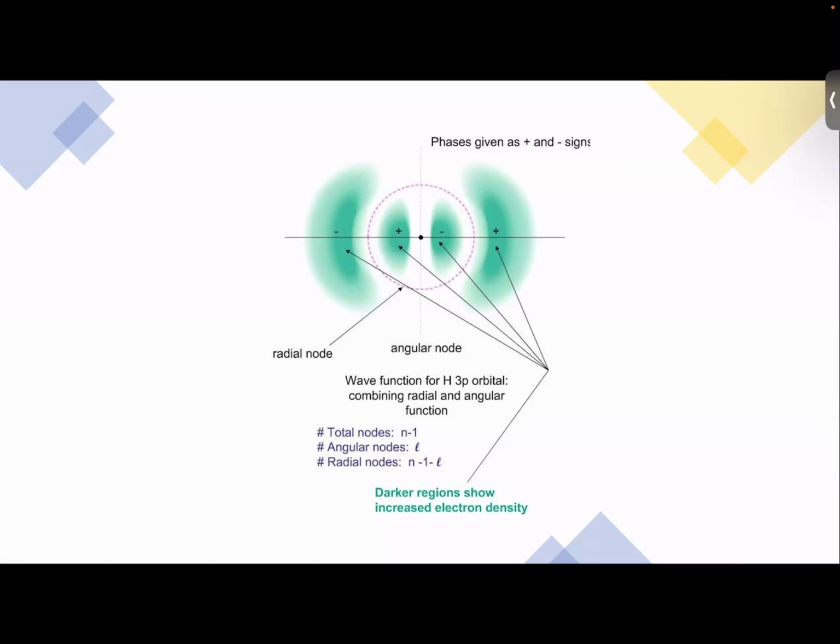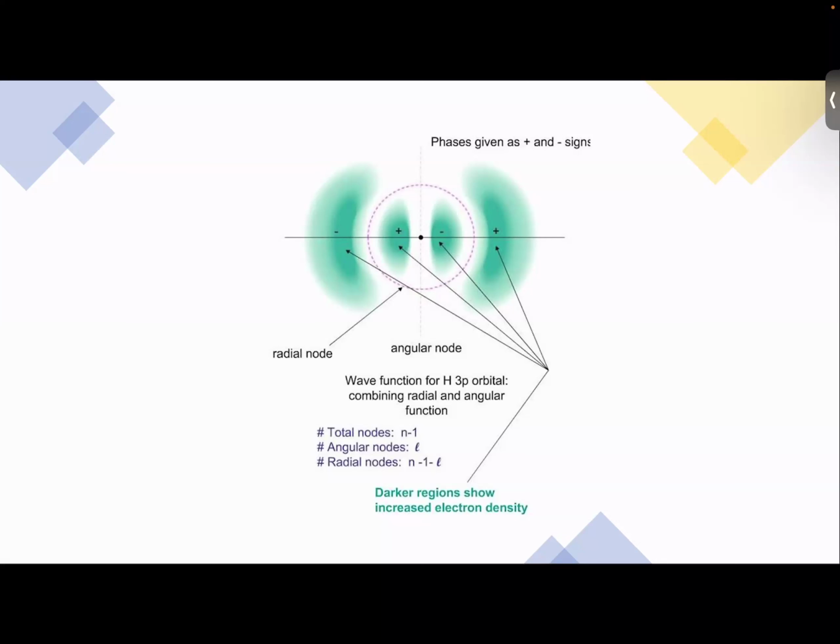Now, when you get into the p subshell and d subshell, you actually have 2 types of nodes. You have an angular node and you have a radial node.